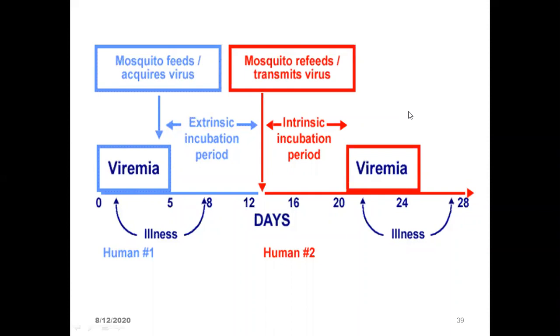I'm repeating again: the mosquito bites the infected human and gets the virus, and then the extrinsic incubation period starts. When it bites a healthy human, it transmits the virus into the healthy human, and the intrinsic incubation starts. And again the mosquito bites this person, and again the extrinsic incubation starts in the mosquito, and the cycle goes on.